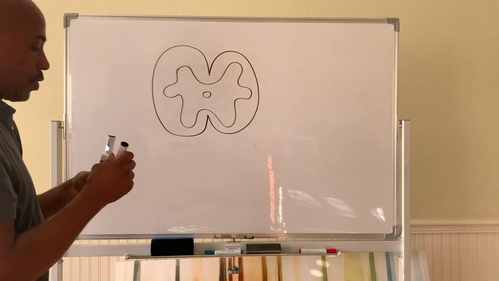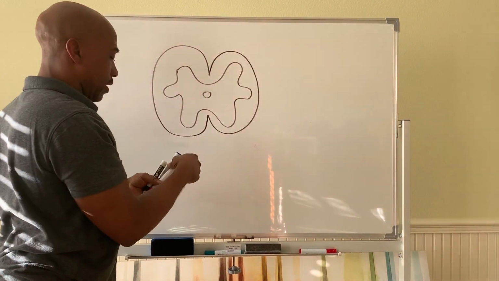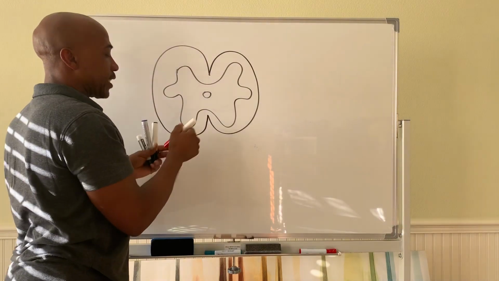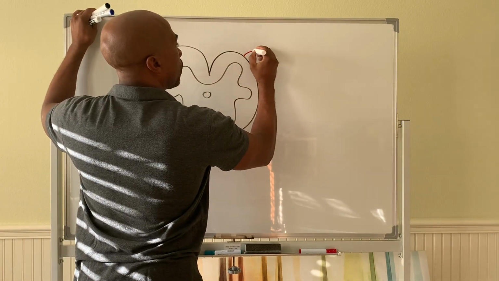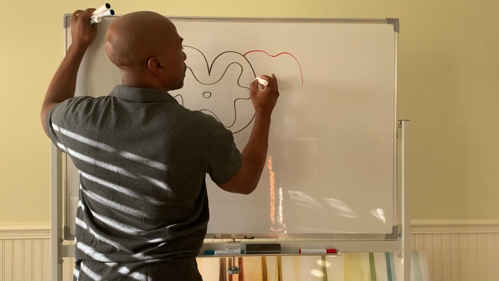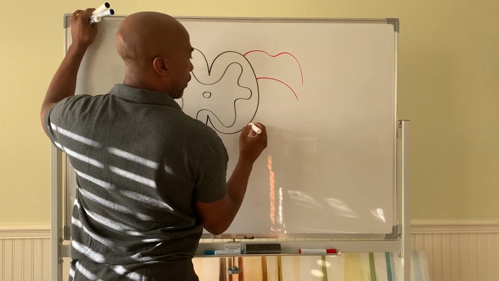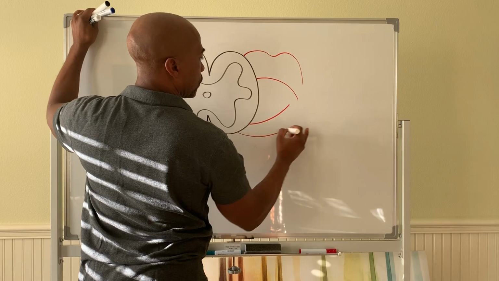So now the spinal cord itself has roots to it. Up here, we have what's called the dorsal root, and down here is your ventral root.